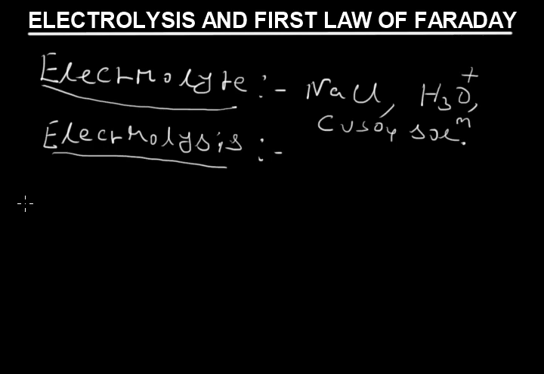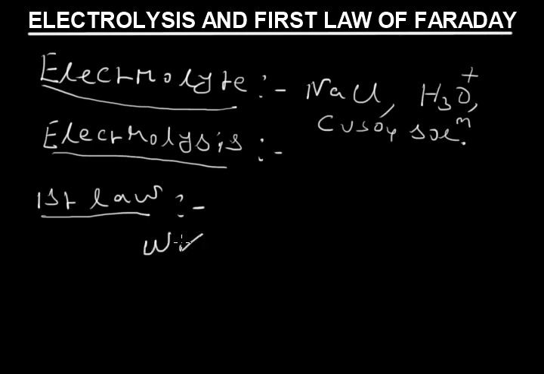Now we discuss the first law of Faraday. Faraday's first law states that when electricity is passed through an electrolytic solution or fused electrolyte, the amount of substance deposited at the electrode is directly proportional to the amount of electricity passed through it.